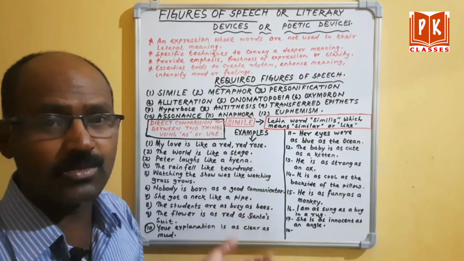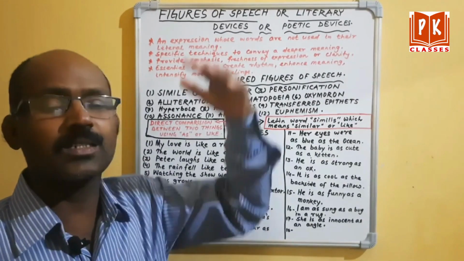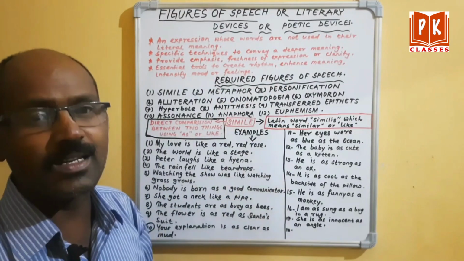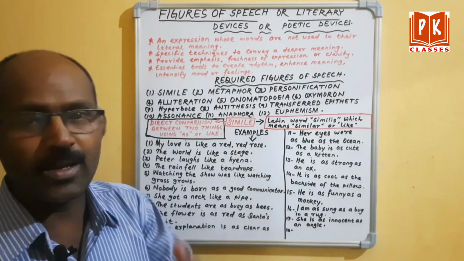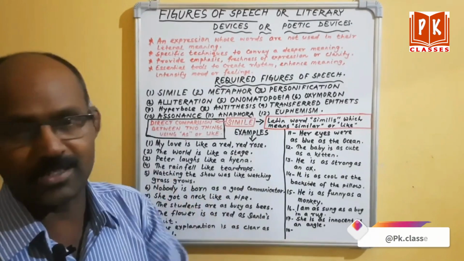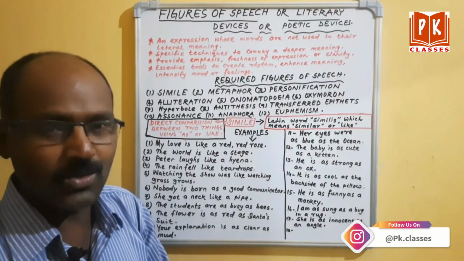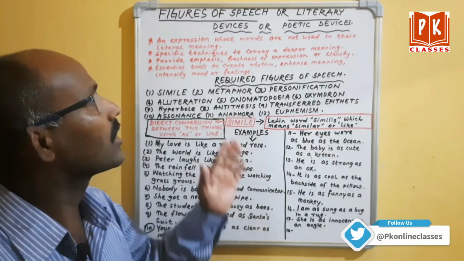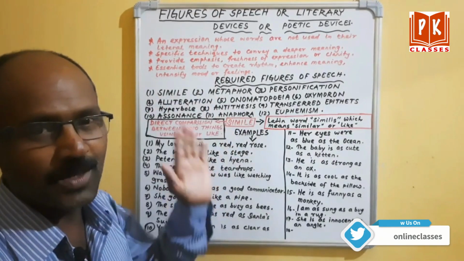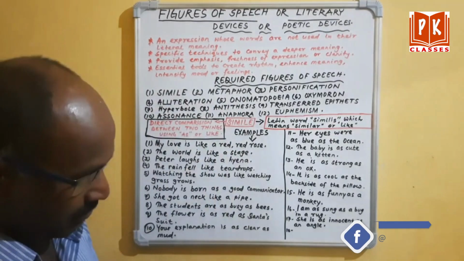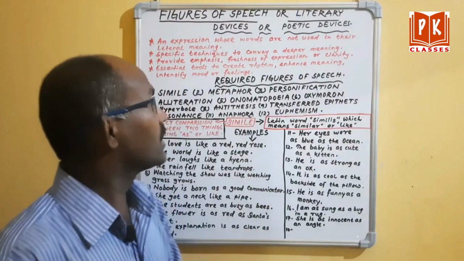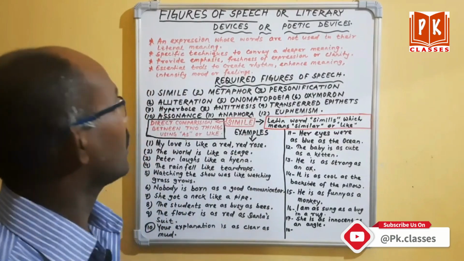As you are students from standard 6 to 12, these things are basically required for poem, drama or the literature part. All are eagerly waiting for this. First, we should know what are figures of speech or the literary devices or the poetic devices. If we know, then it will help a lot.